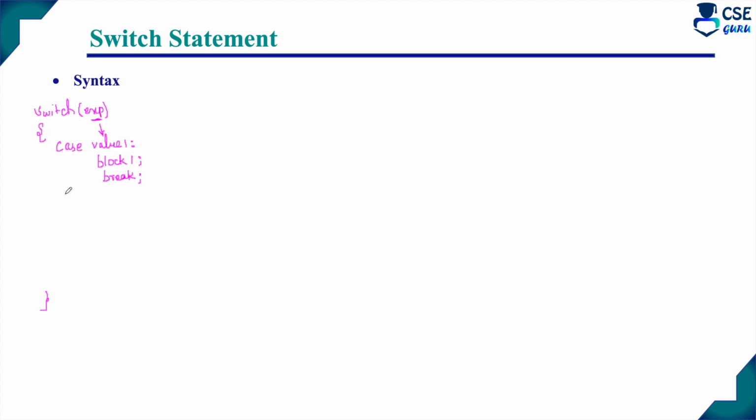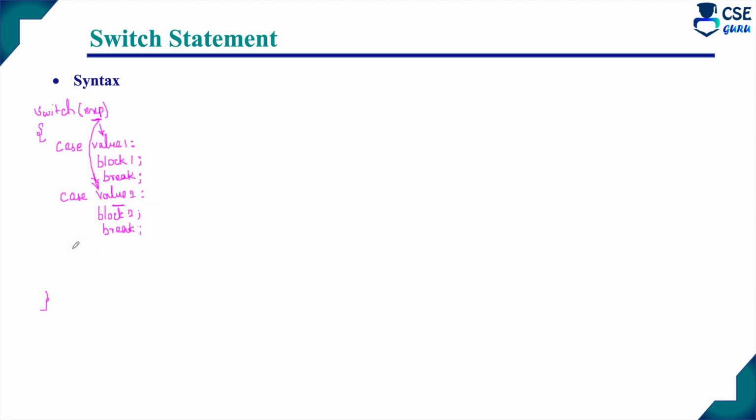So, this is case 1 and case value 2. Suppose this switch expression does not match with the first case value, it will check with the second value, value 2. Suppose this switch expression and value 2 match, this will execute block 2 and then after execution it will break. That is, it will exit the switch block.